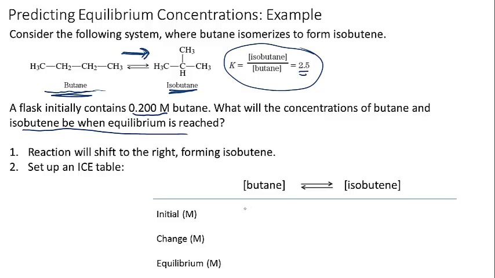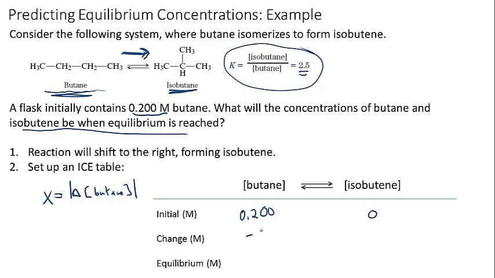So we know our initial concentration of butane is 0.200, and we know our initial concentration of isobutane is 0. And we know the reaction is going to go to the right, so we're going to lose butane. And here's the idea with this X. X equals the change in the butane concentration, or the absolute value of that.